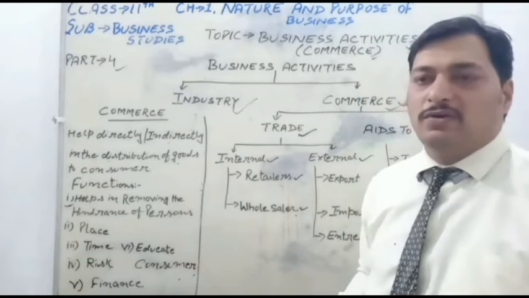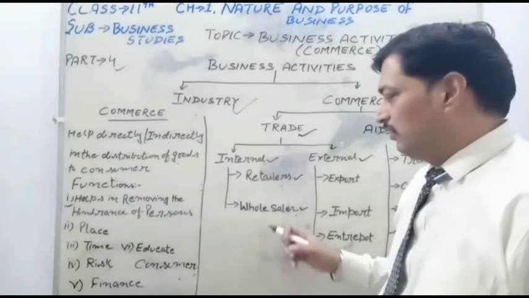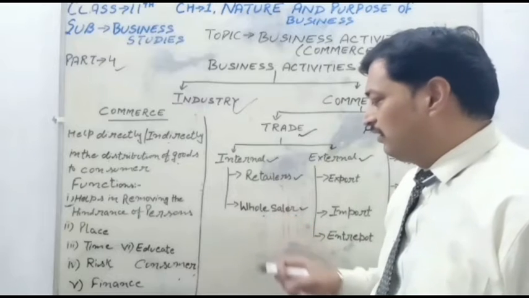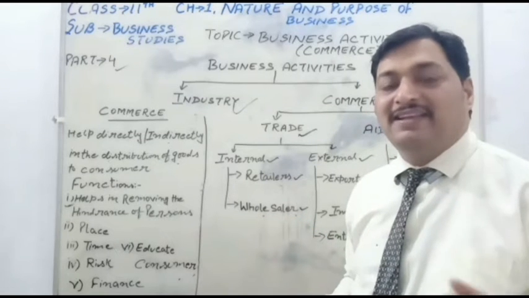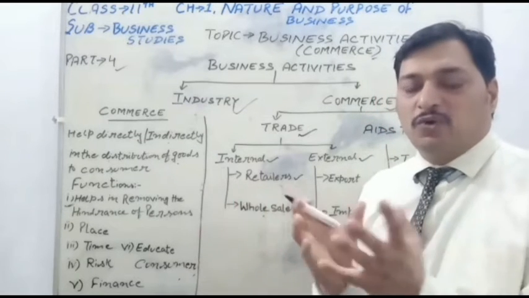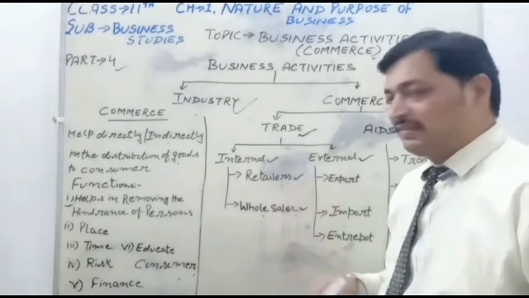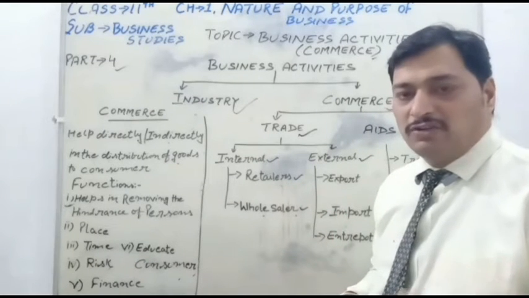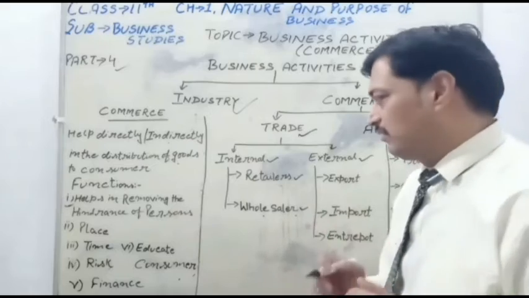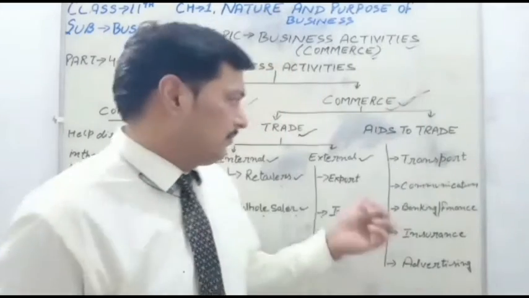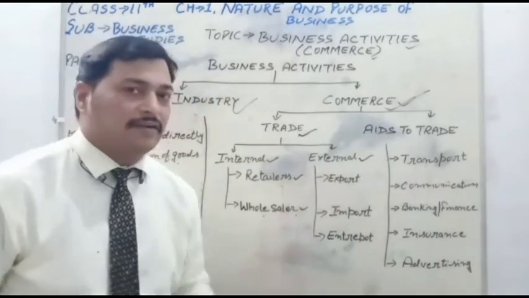The consumer cannot buy directly from the wholesaler, because the wholesaler sells goods in large quantities and a single variety, and the retailer sells goods in small quantities and a lot of varieties. Now next is external trade.